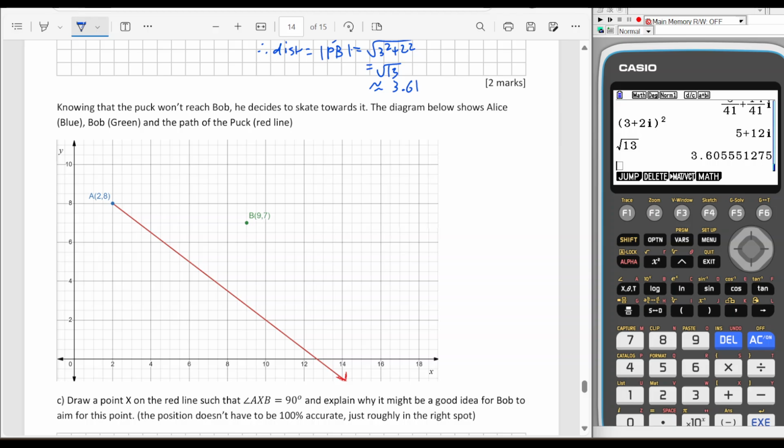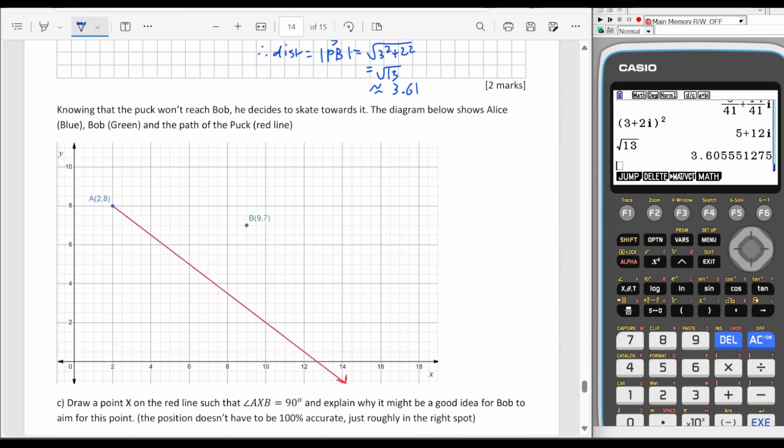Groovy. All right. Now this is actually a picture of the situation. So we had this point 6, 5, and basically what we found there is the distance is 3.61 meters. Now that's actually not the shortest distance. So you can imagine if we took this point over here, the distance would be a lot longer. I would really, really encourage you to think, what is the shortest distance and how could you find it?